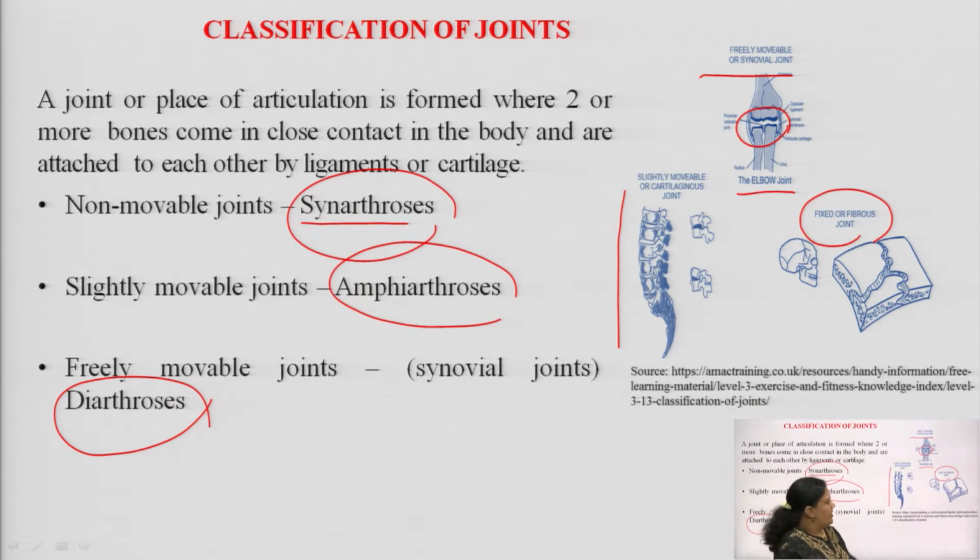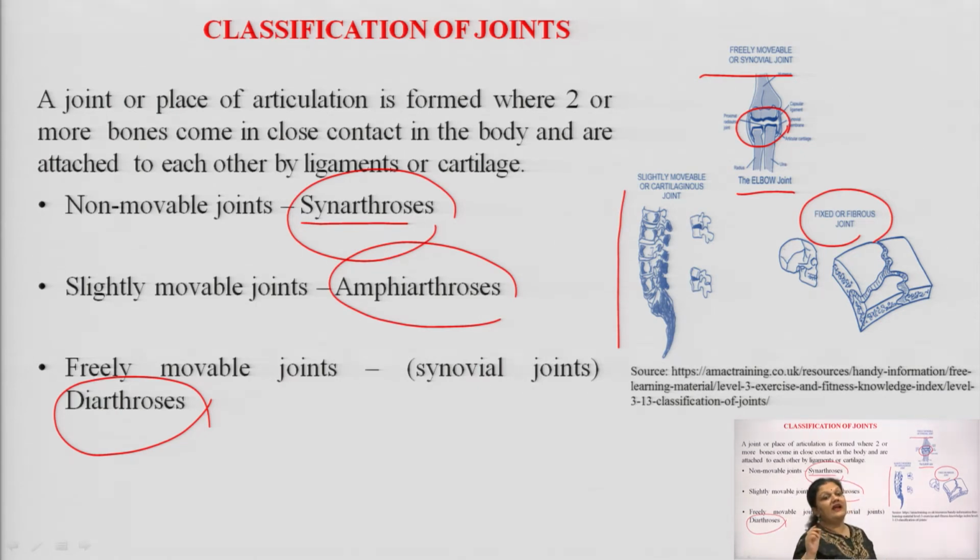I hope from seeing this structure you will have a very clear idea about this. These types of joints, that is the synarthrosis joints, the non-movable joints, are located inside our skull, where there are sutures like the parietal suture and occipital suture. So, these are fixed joints.